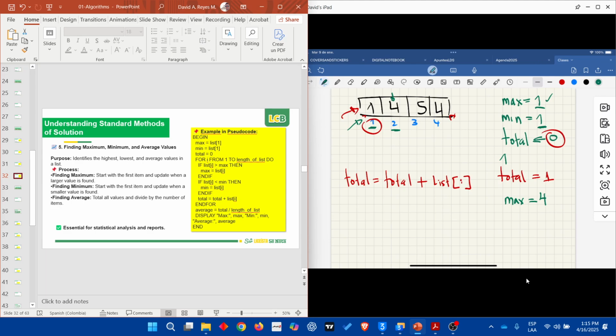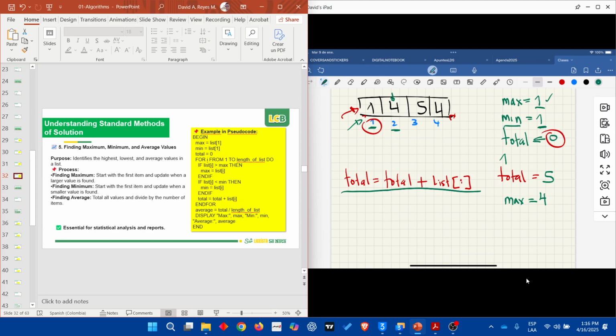The second question is, is the item in position number 2, 4, less than min? No, because min is 1. So it remains the same value. Then it says total is equal to total plus the item in the list. So that means that we have 1 plus 4. Now total is equal to 5. Why? Because the previous value was 1 and 1 plus 4 is 5.